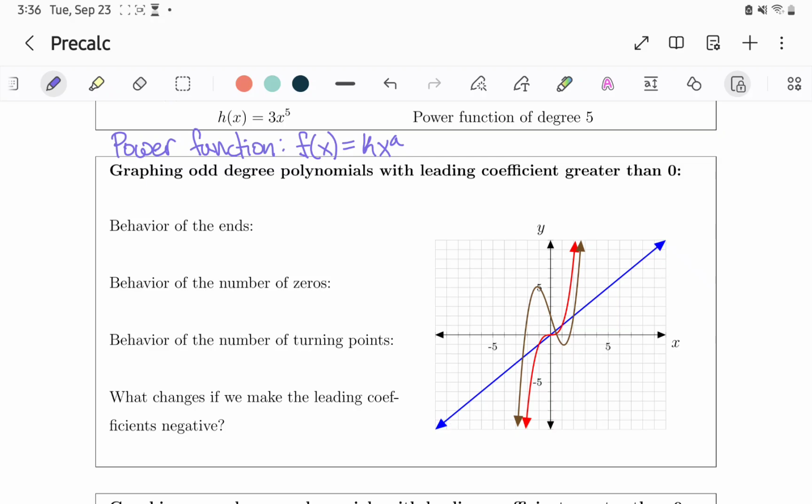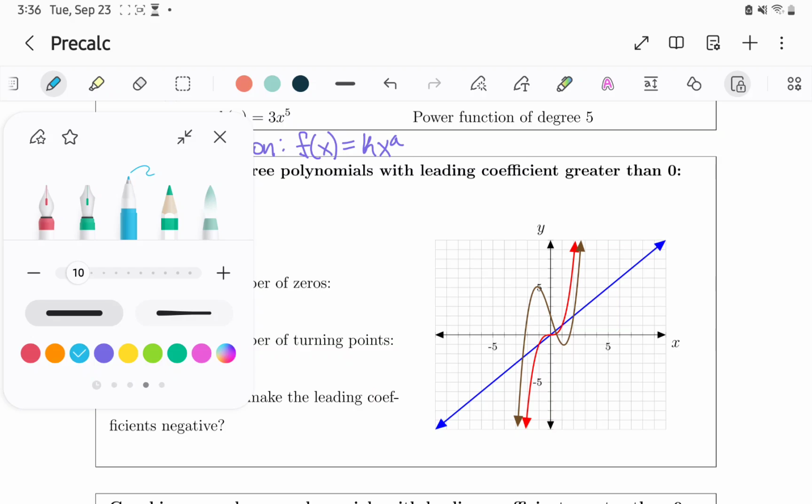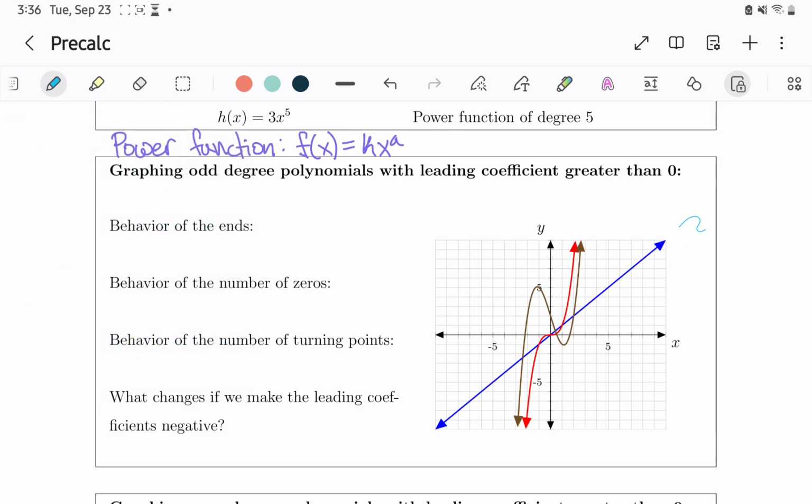And by the way, just for the record, the function in blue is just going to be f of x equals x, the identity function, which is of course a linear function, but more importantly, it is the easiest example to understand of an odd degree polynomial function with a leading coefficient greater than 0.